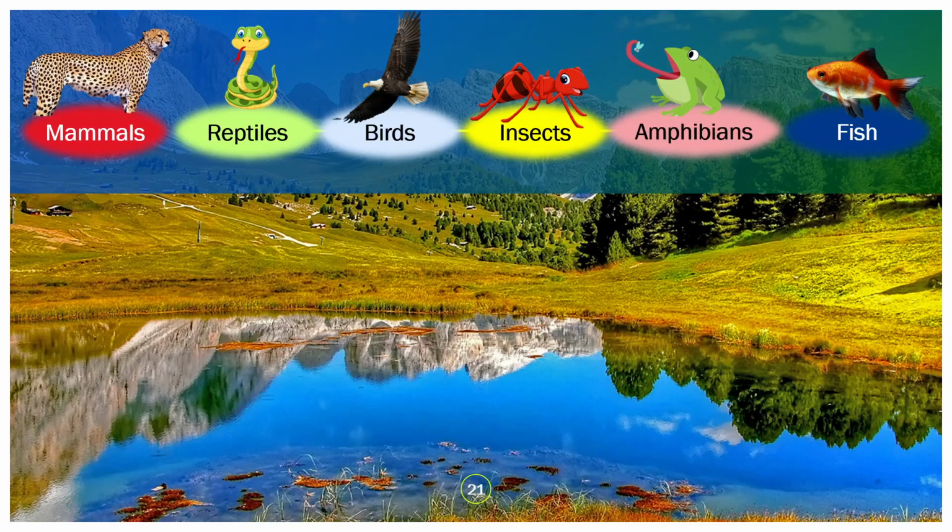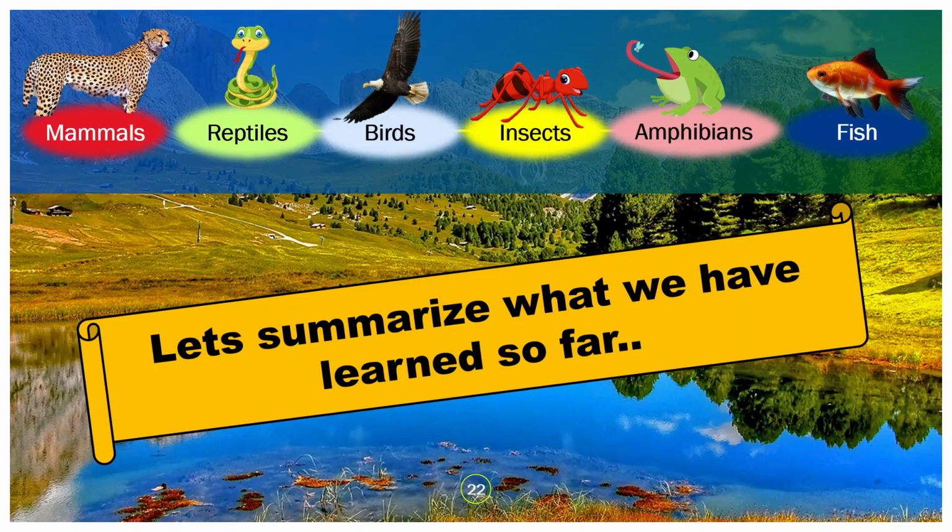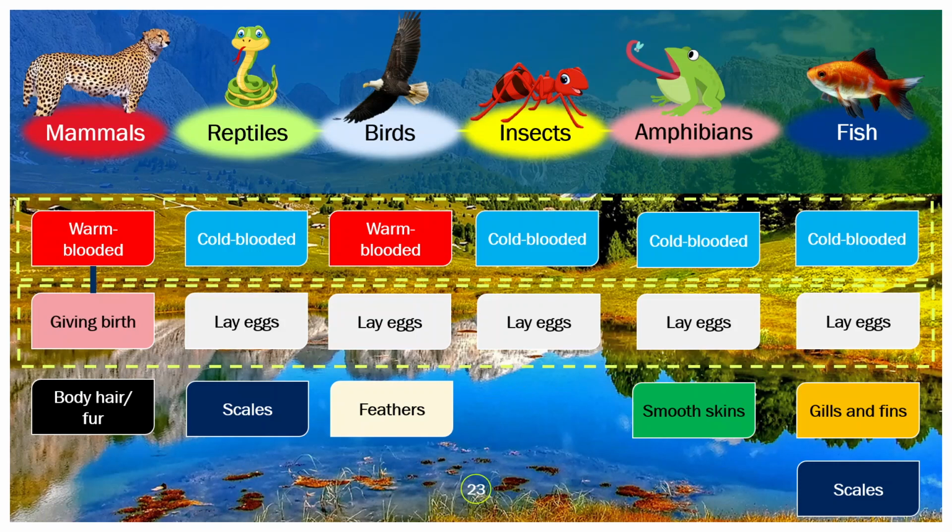Okay, now I gather all the groups here, all the six groups: the mammals, the reptiles, birds, insects, amphibians, and fish. After we went through all the characteristics, let's summarize what we have learned so far.